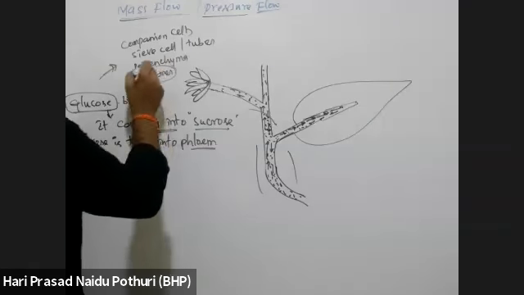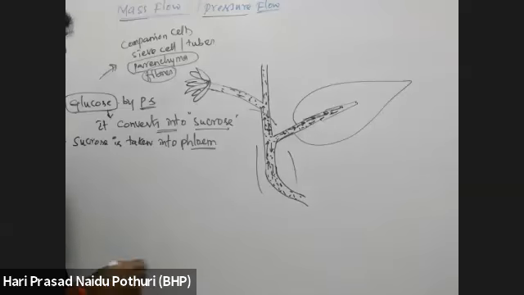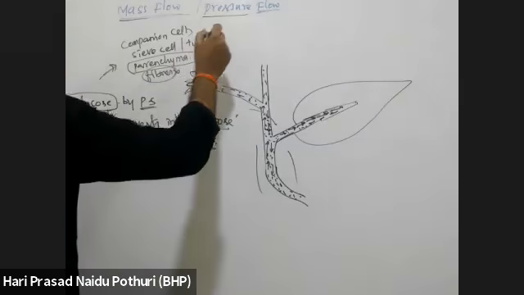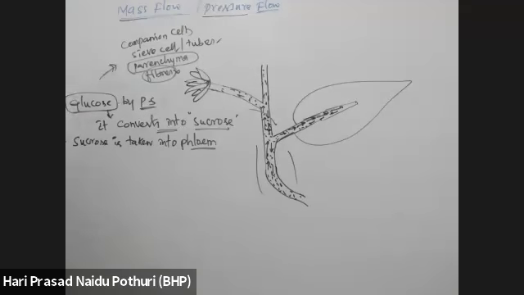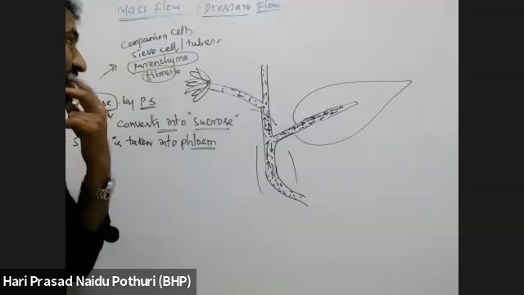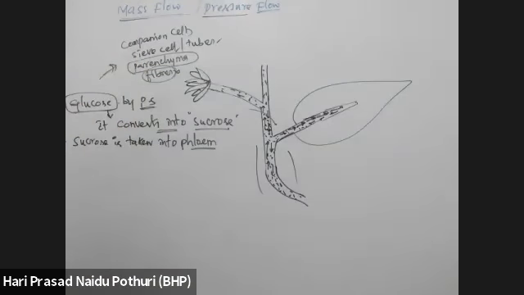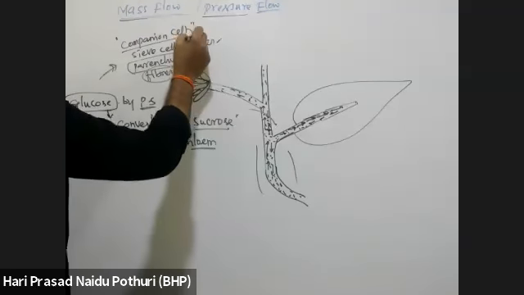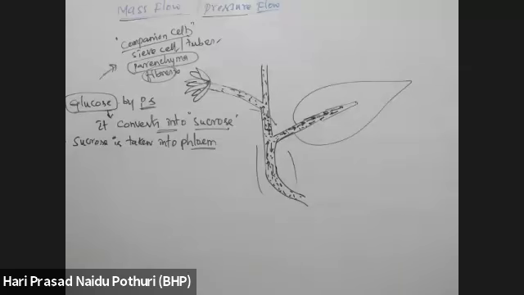Phloem parenchyma is food storage. Fiber is a dead cell. Sieve cells and sieve tubes are the major conducting elements in phloem. Companion cells are associated with the sieve cells and sieve tubes and are responsible for movement.